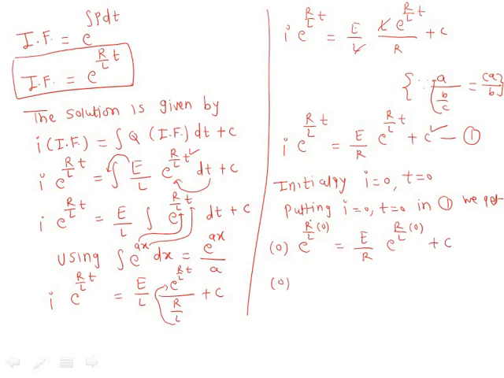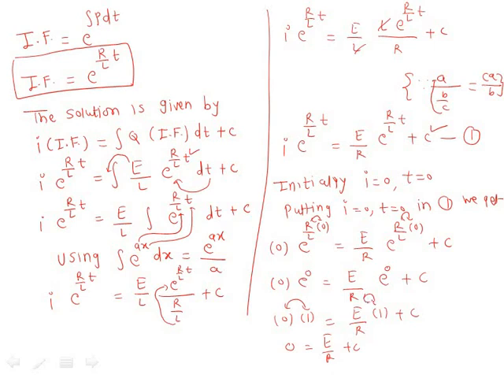Now in the power, R by L multiplied by 0 is 0, so it becomes e raised to 0. On the right hand side also R by L into 0 is 0, so it becomes e raised to 0. And as we know, any term raised to 0 is 1, so e raised to 0 is 1. 0 multiplied by any term is 0, so it becomes 0 equal to E by R plus c.